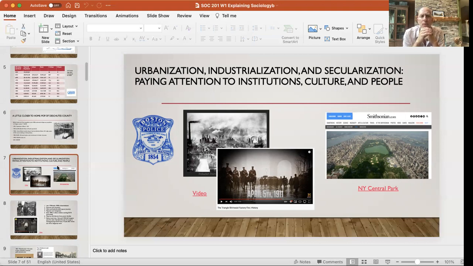I don't want to go through these videos, but if you have time, open up the lecture video. You can click on these. This is the Triangle Shirtwaist Factory fire. The illustration here is that with urbanization in the 1800s and early 1900s, the industries were not very well regulated.